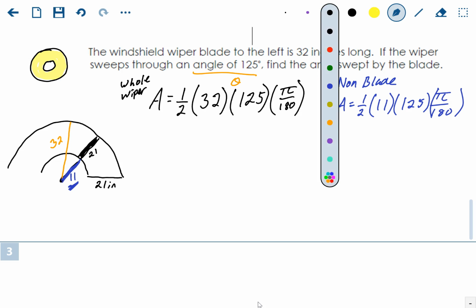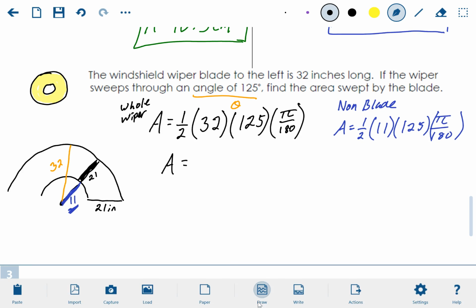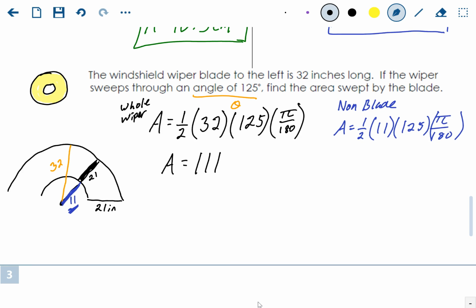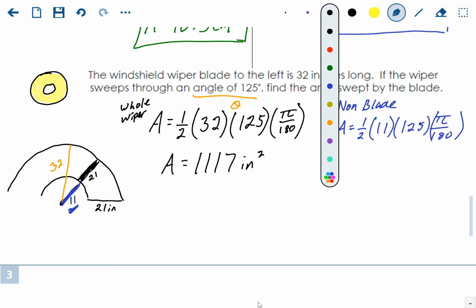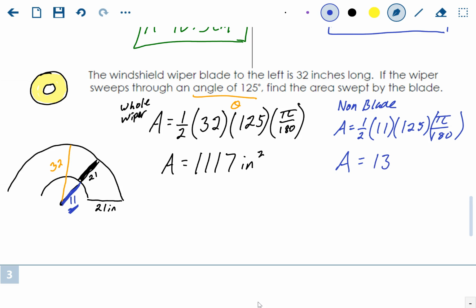All right, we're going to find those two areas, and then we're going to subtract them. The area of the entire wiper apparatus is going to be 1,117 inches squared. The area of the non-wiper blade portion is 132 inches squared.